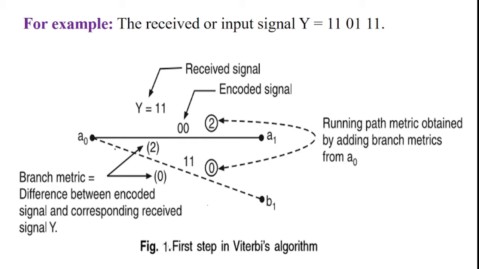Now the numbers in the brackets written below the branch represent the branch metric value.